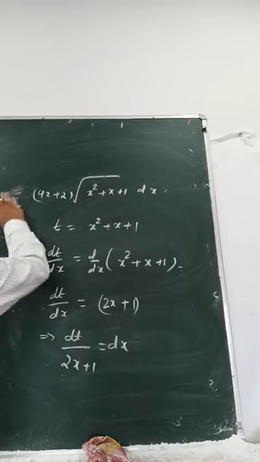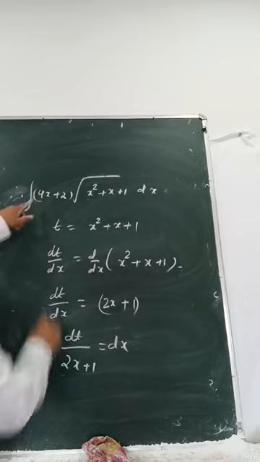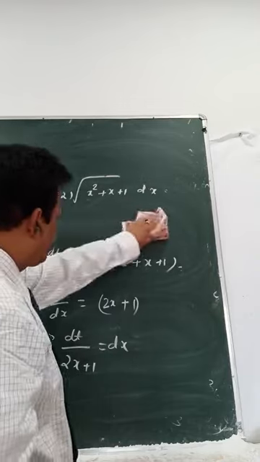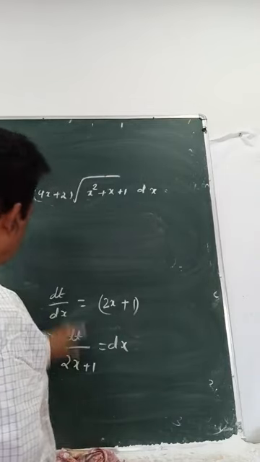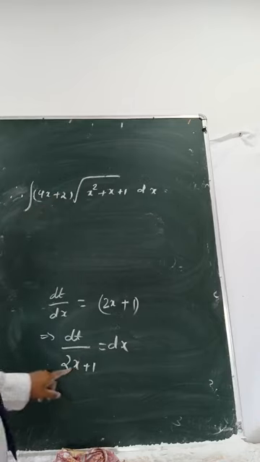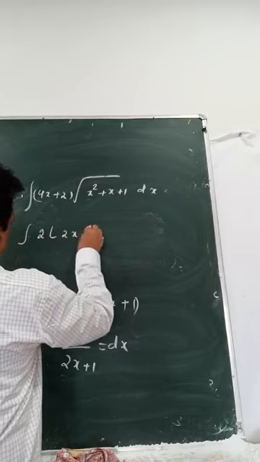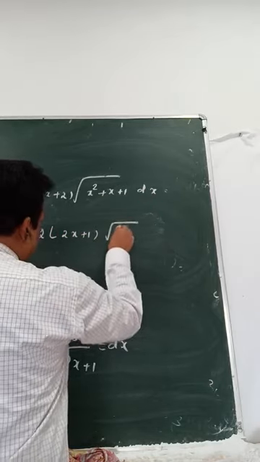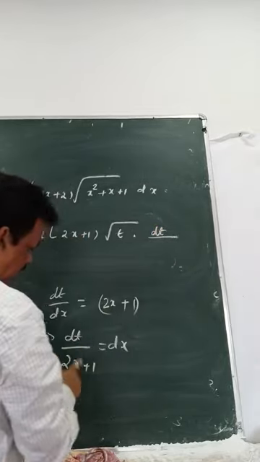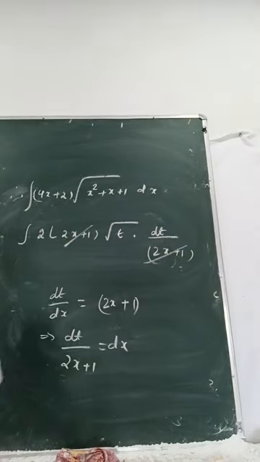Okay, therefore this is our question, the integration here. So what am I going to do here? Look, if I have to cancel here, then if I take 2 common, this is getting cancelled. So I can take 2 common, 2x plus 1, root over of this is t, dt by 2x plus 1, because dx is dt by 2x plus 1. So this gets cancelled.